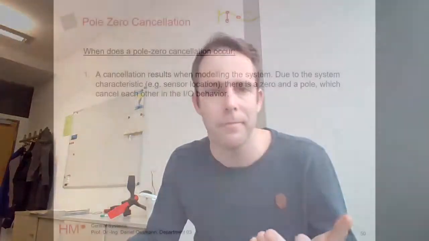So this wing, accelerating a little bit, goes up and down like this. And if you place the sensor in the wrong location, you will not be able to measure that movement. And this is actually when a pole-zero cancellation in a linear sense appears. Okay, so it's a modeling problem.